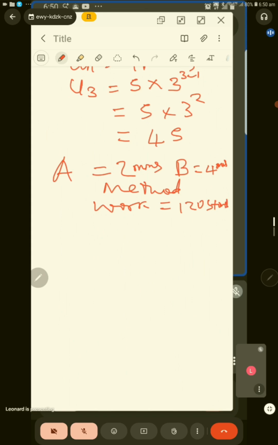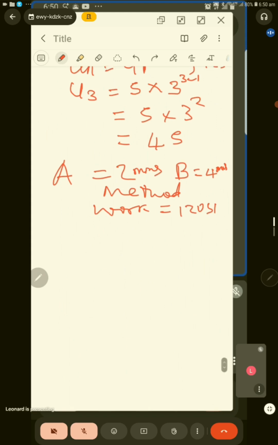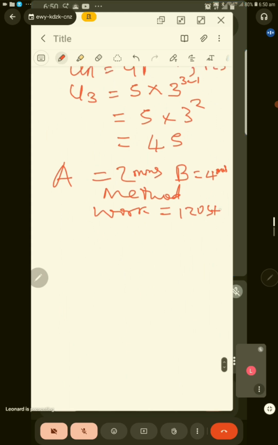So we are looking at this as saying A can pick 120 stones in 2 minutes, and B can do it in 4 minutes.